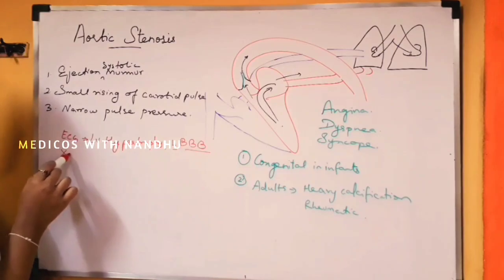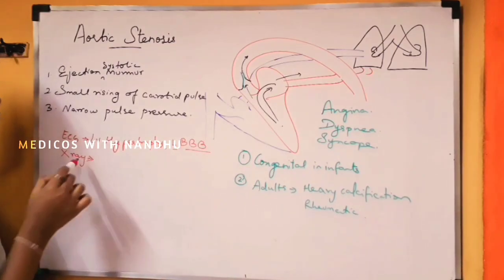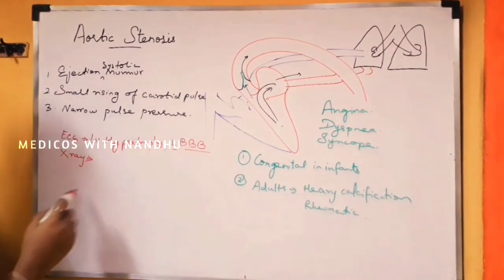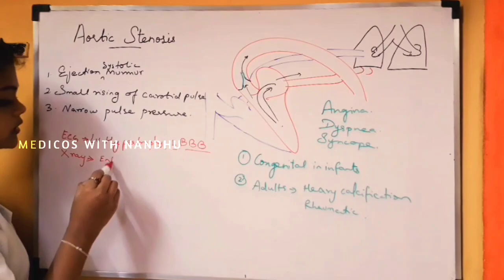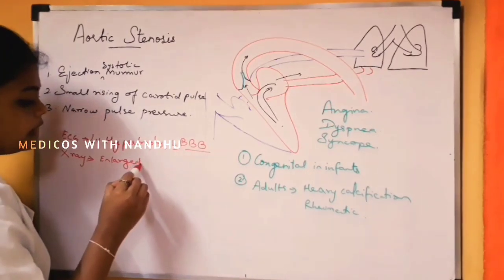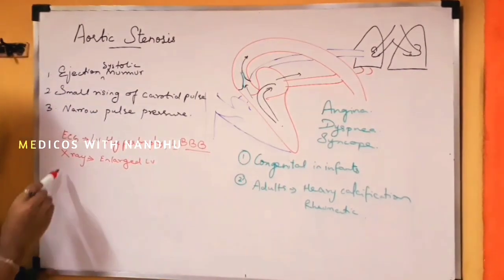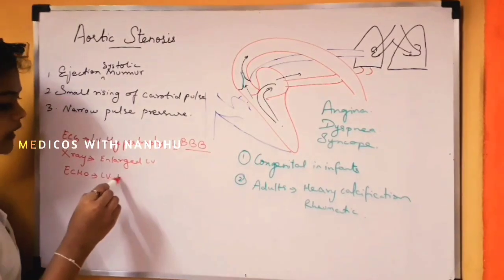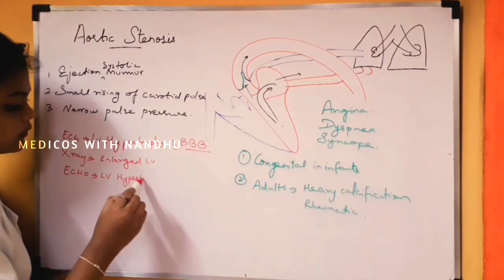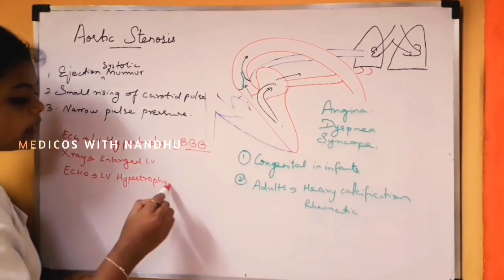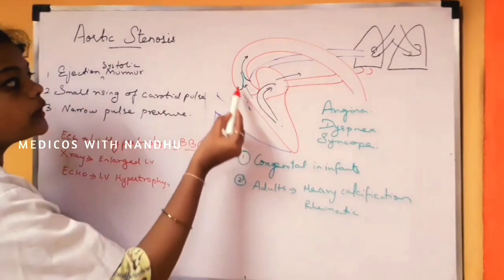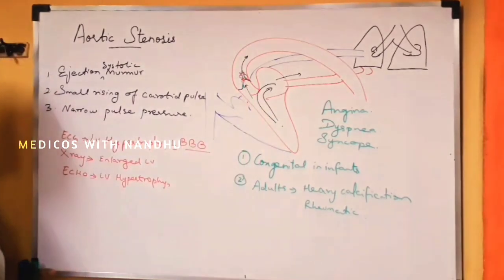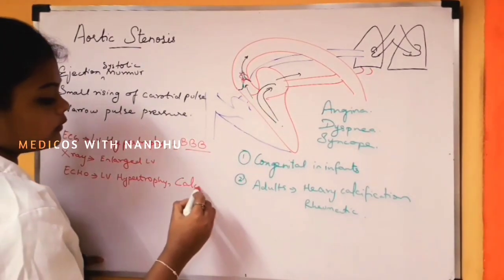As well as in X-ray, there will be dilation, an enlarged left ventricle. And in echo, left ventricle hypertrophy can be seen, and a calcified valve will be there. The narrowing will be due to calcification, accumulation of calcium and fatty substances. So, a calcified valve.